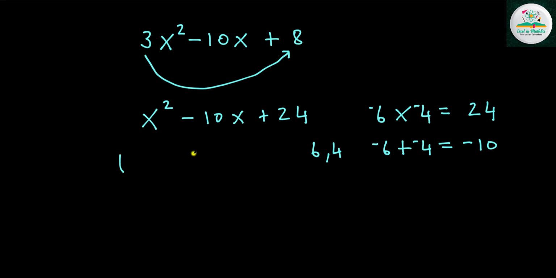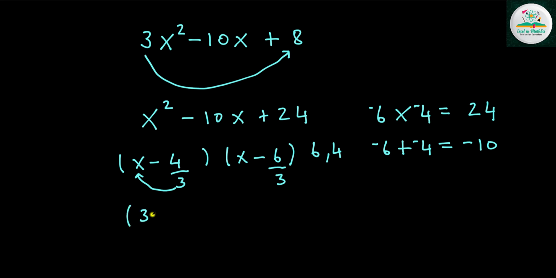Now we still have not finished yet, so there is one last step that we must do. Let's put these factors in first. So x minus 4 and x minus 6. Now the last step is, because we multiplied initially by 3, we must divide by 3. When we divide both of these by 3, we cannot simplify this one because we can't get a whole number, so we just shift this 3 in front of the x.